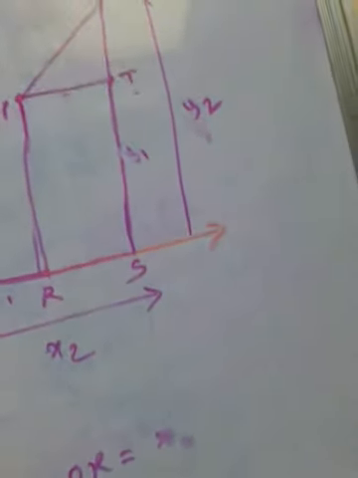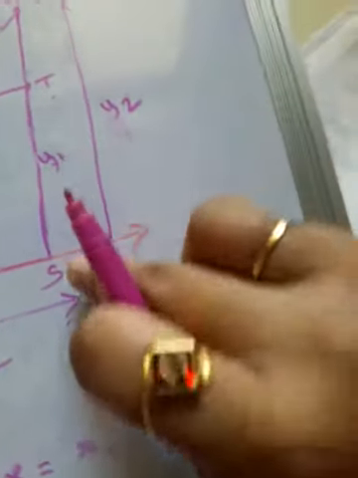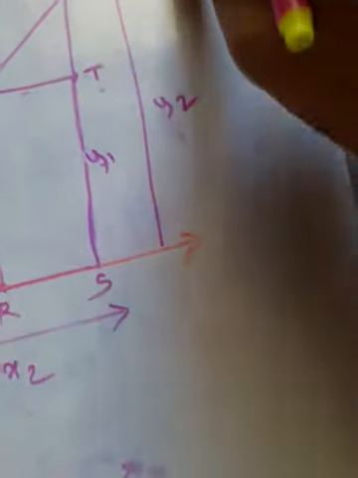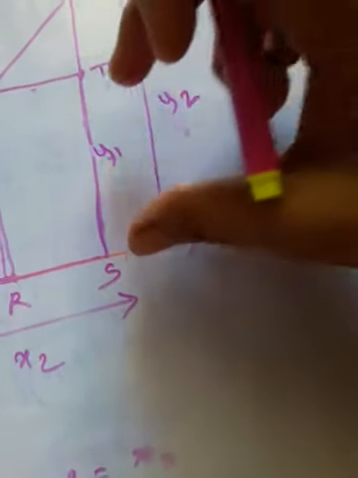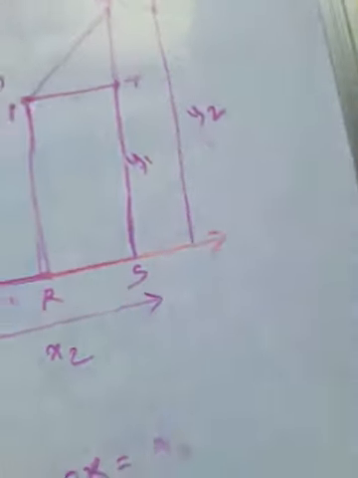See the next point here. ST is y1 and SQ is y2, then SQ minus ST will give QT.